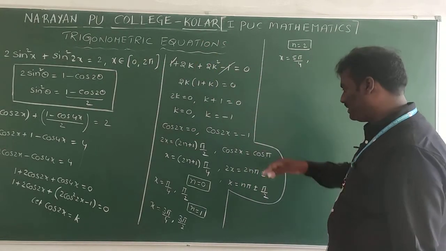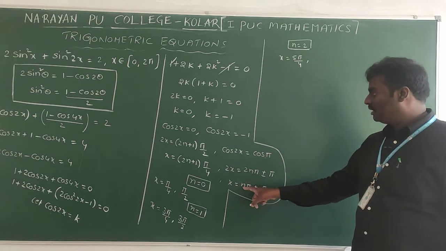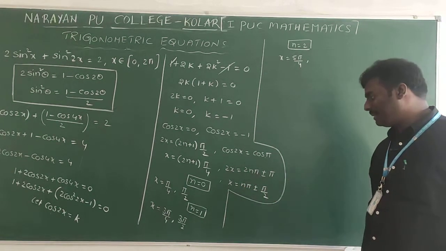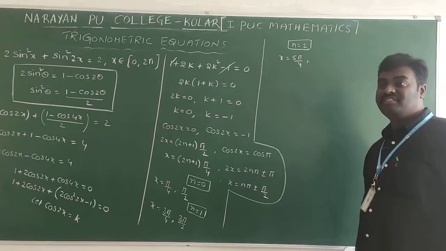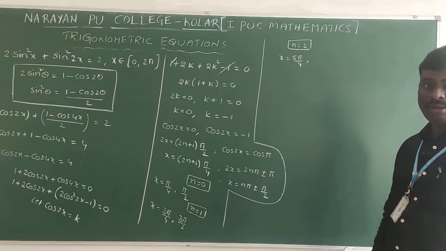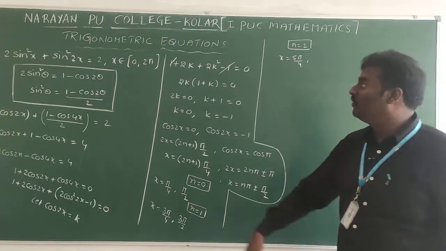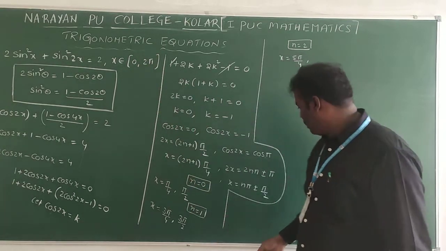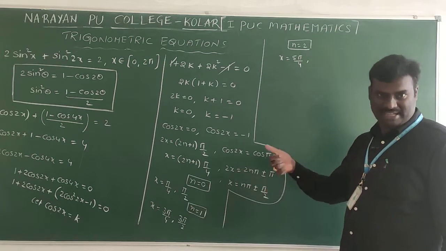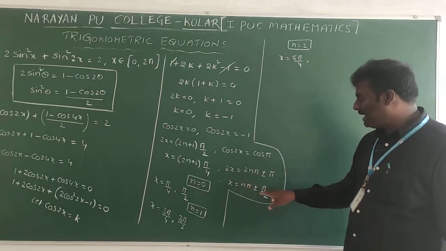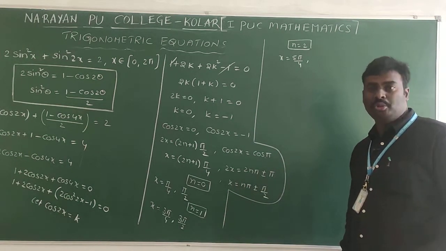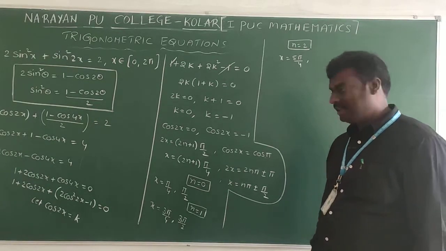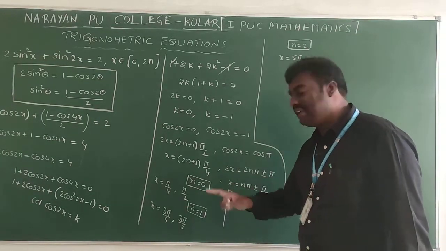Coming to here, you substitute n value 2: 2 pi plus pi by 2 is 5 pi by 2, which means 450. 450 does not lie between 0 to 360, so don't take. Plus is over now. Next you take minus: 2 pi minus pi by 2 is nothing but 3 pi by 2. 3 pi by 2 is already repeated.